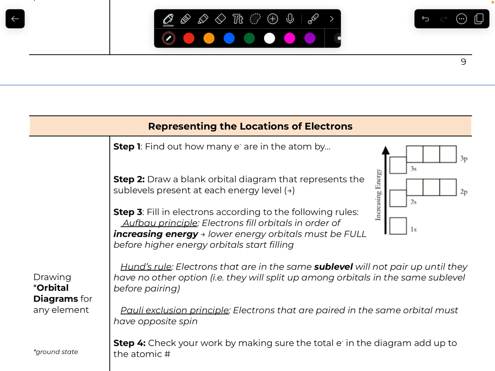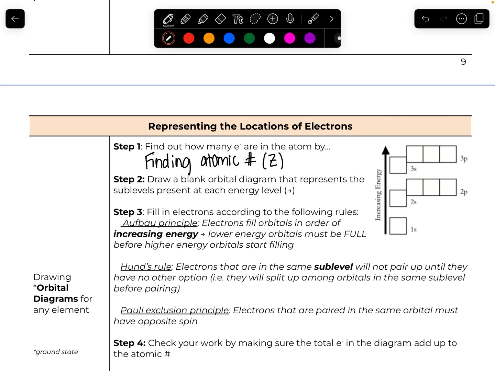So to figure out how many electrons are in the atom, I need to find the atomic number, which we represent as capital letter Z. Once I find the number of protons, I know my number of electrons should be equal and opposite to that so that they cancel out.